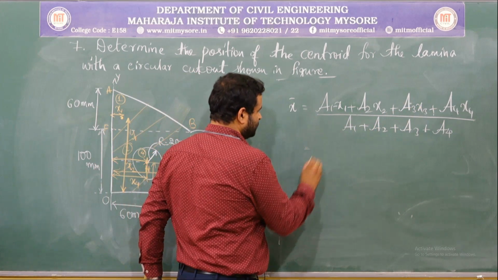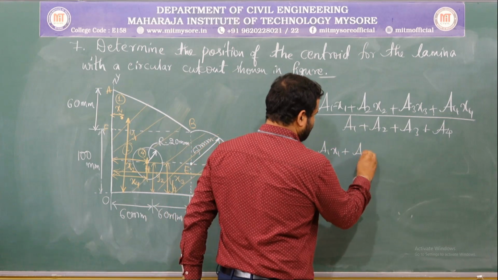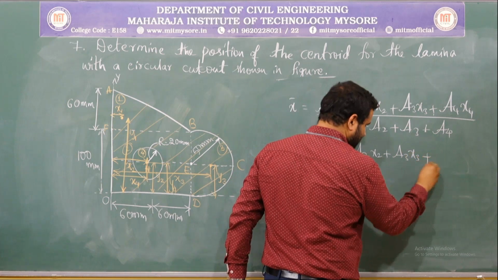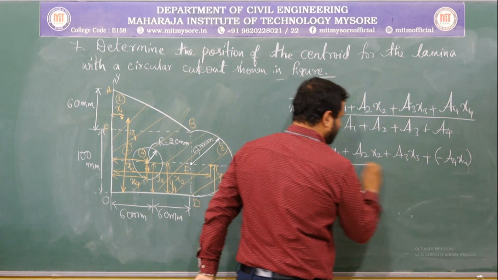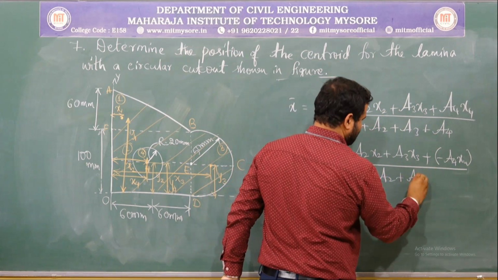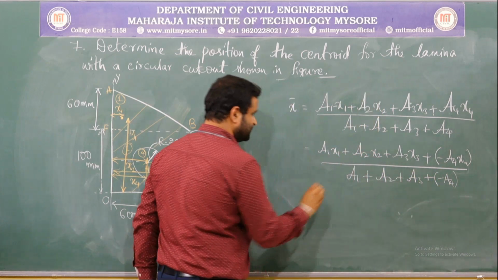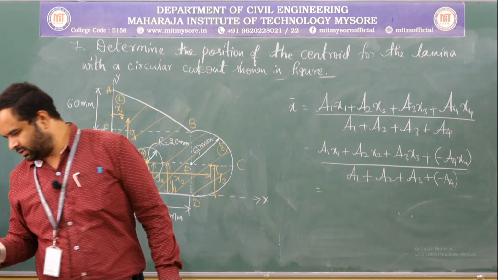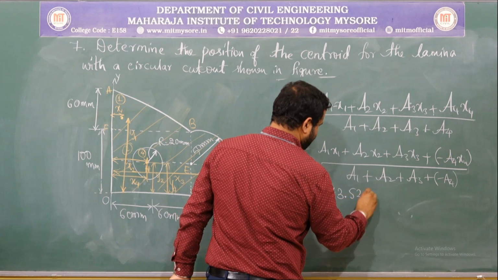So, that turns out to be a1 x1 plus a2 x2 plus a3 x3 plus of minus a4 x4 whole divided by a1 plus a2 plus a3 plus of minus a4. This is equal to, after substitution, 73.52 mm.